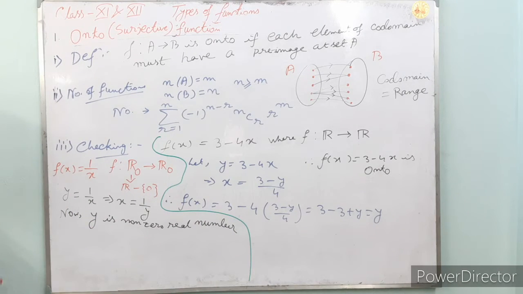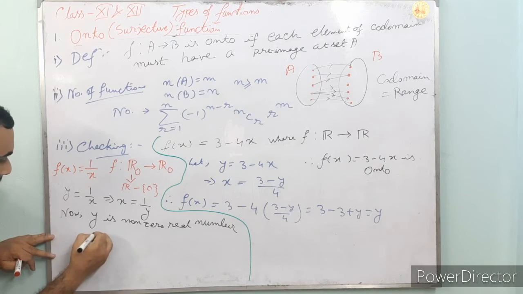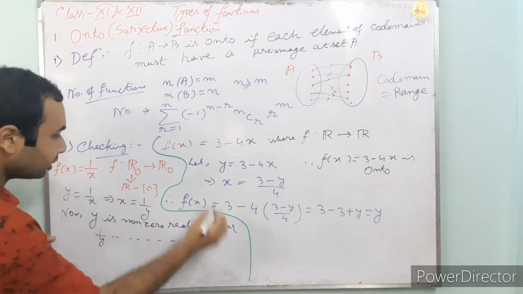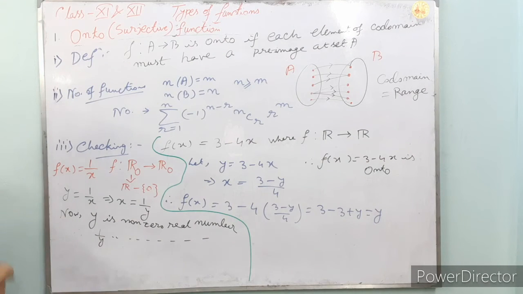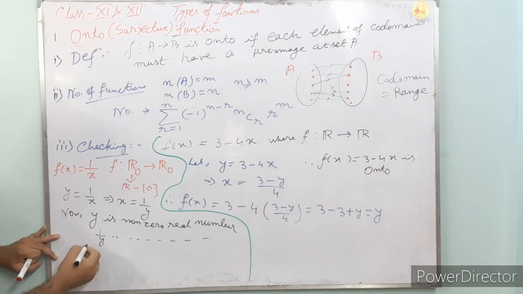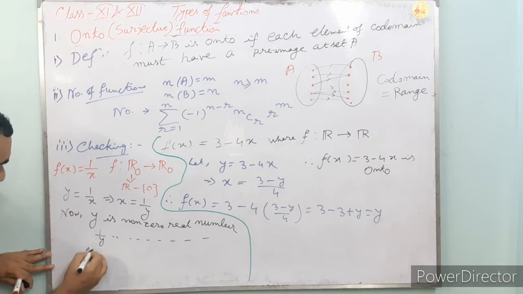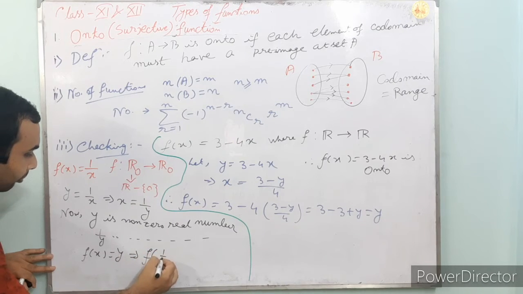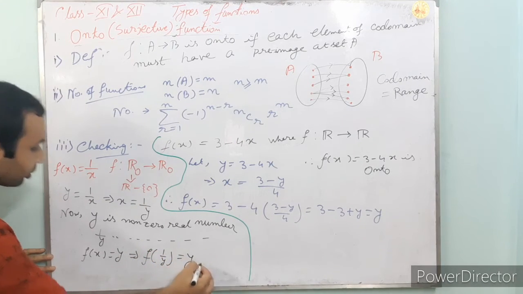y is a non-zero real number, so obviously 1 by y is also a non-zero real number. Simple logic. Then we can say, if x equals 1 by y, it implies that f of 1 by y is equal to y.